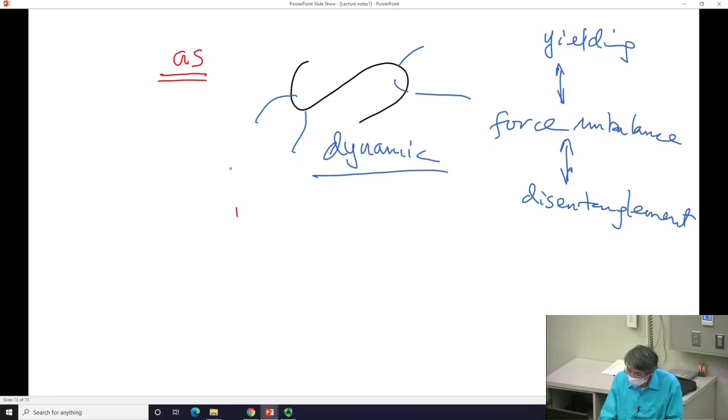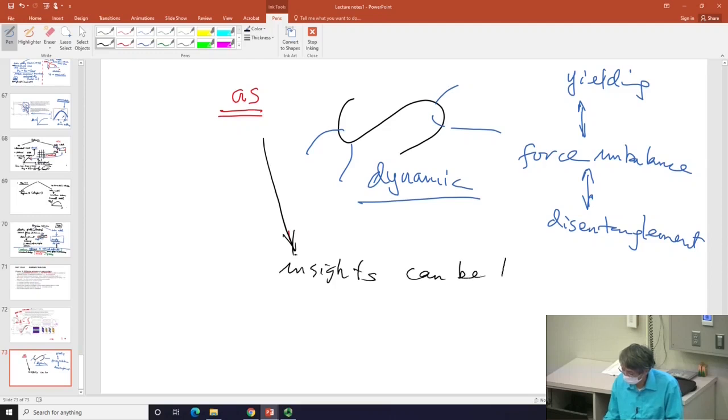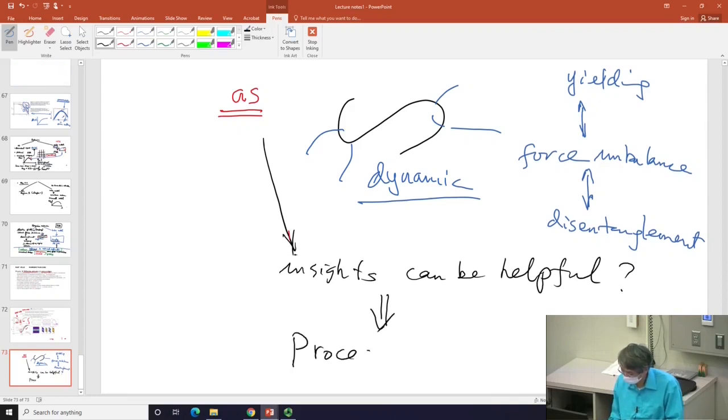So the best way to go ahead is whether the insight can be helpful when we probe the effect of processing on structure that could affect the property.